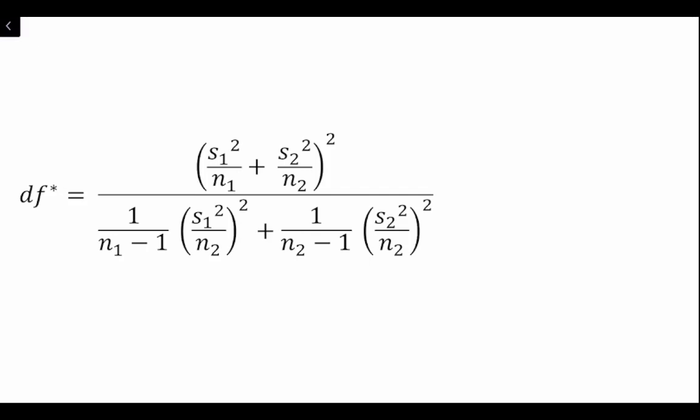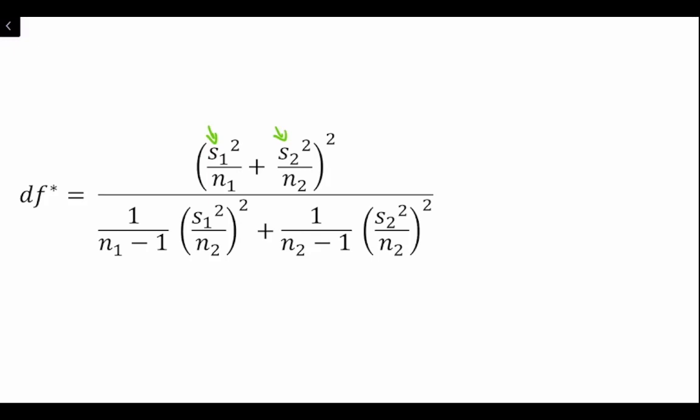Now, when we're calculating degrees of freedom with two samples, it has its own special equation. So in our numerator, we have the standard deviation of sample 1 squared divided by the sample size, plus the standard deviation of sample 2 squared divided by the sample size.